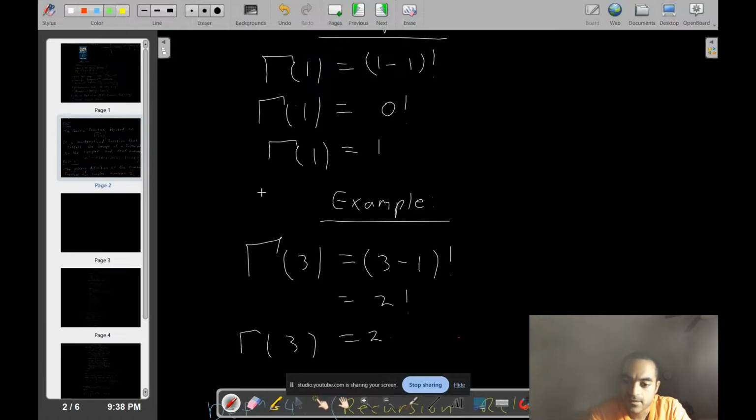Remember, n factorial is equal to n times n minus 1, and so forth. Since it's 2 factorial, n is 2, 2 times 2 minus 1, so 2 by 1 is 2.